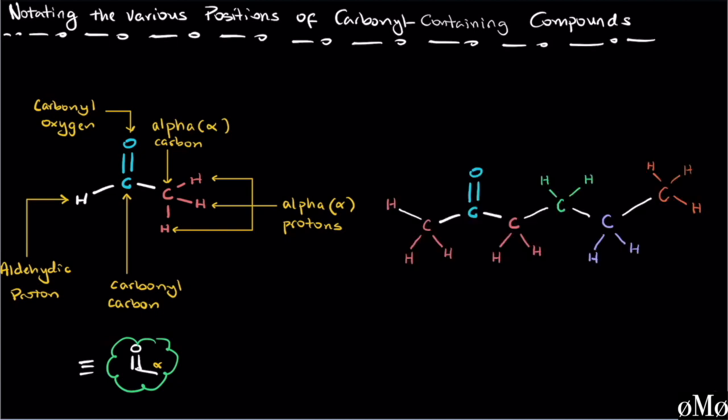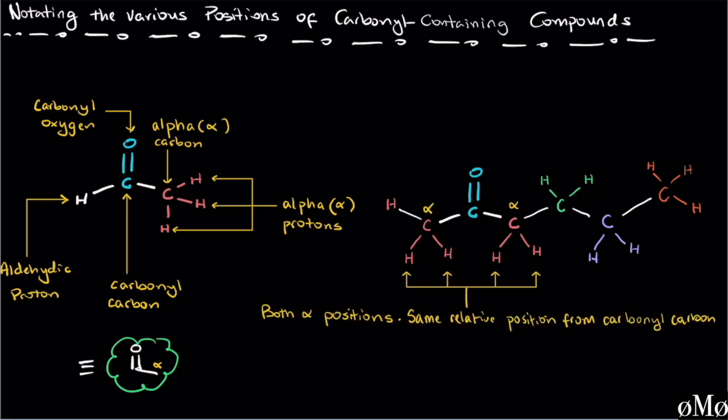Now let's take the example of this longer chain carbonyl compound. I have color-coded things so you can see where things lie. You can notate the various positions around the carbonyl compound using the same Greek letter formulation.